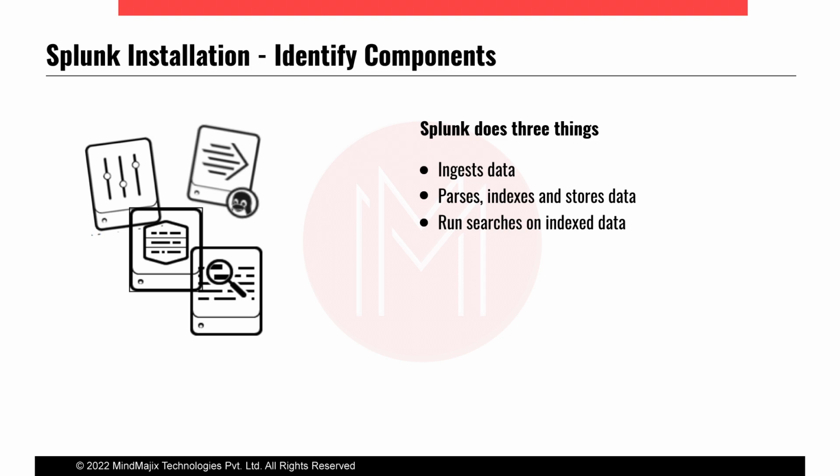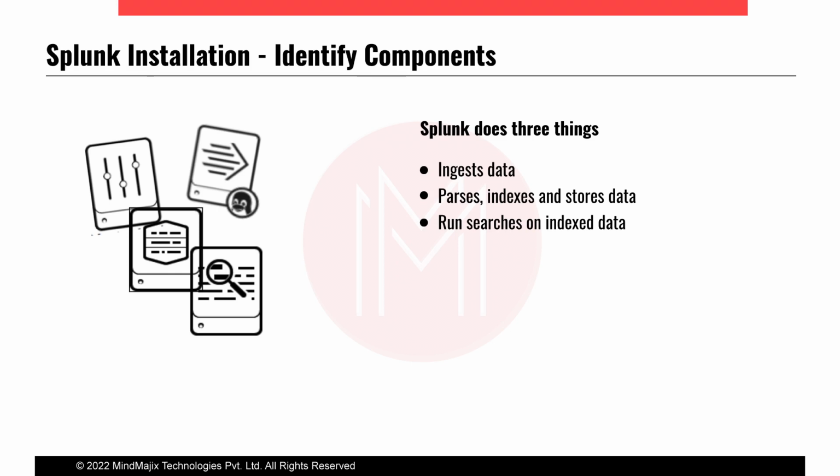Then the ingested data is parsed, indexed, and stored. This is the indexing layer, and it could be standalone indexers or it could be in a cluster mode. And the top function which Splunk does is it runs the search on the data which has been indexed and stored in the indexing layer.